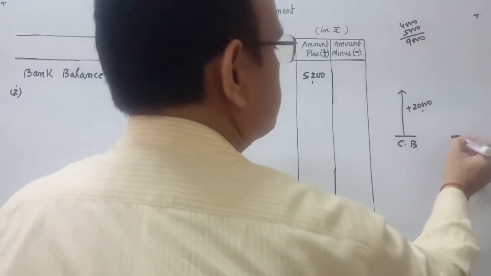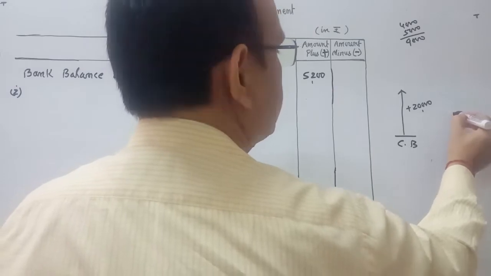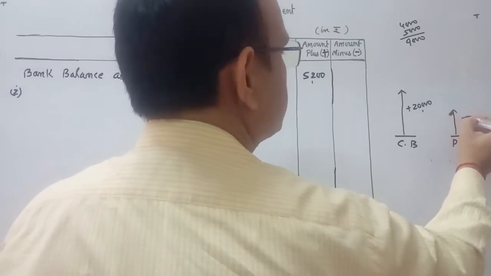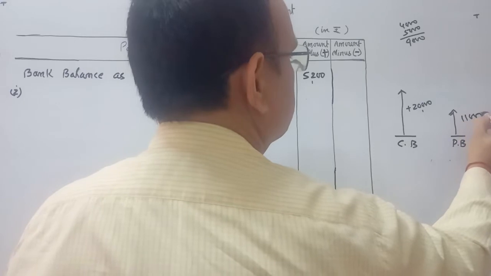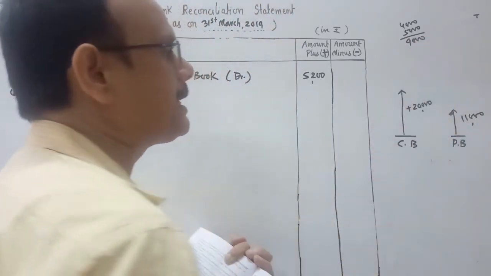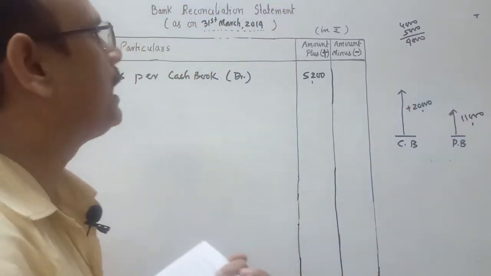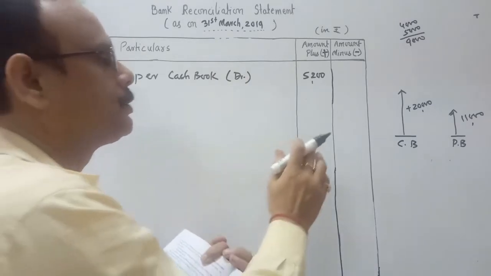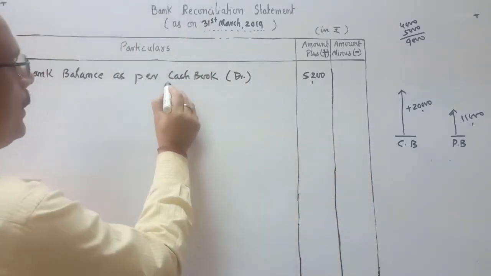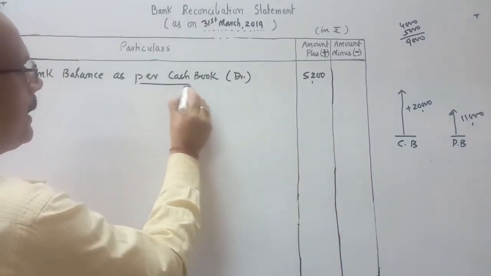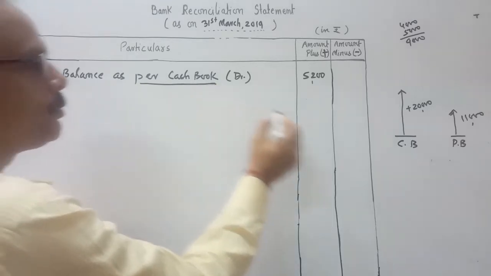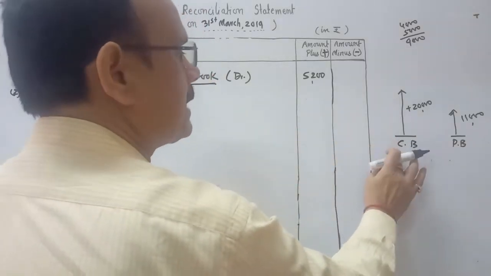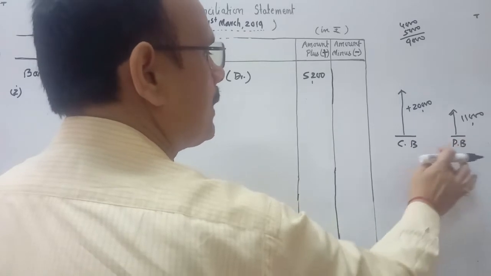So how much check is credited in the bank? The checks credited in the bank are 11,000. 9,000 is not credited up to 31st March 2019. We are taking the cash book as a base, so we do the addition and subtraction on this side to make the balance equal to the passbook side.